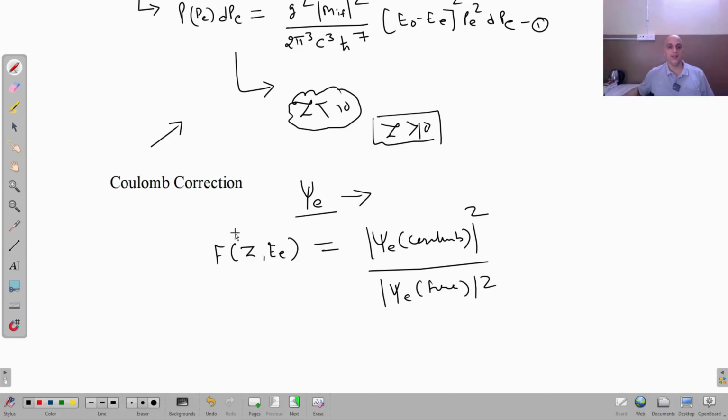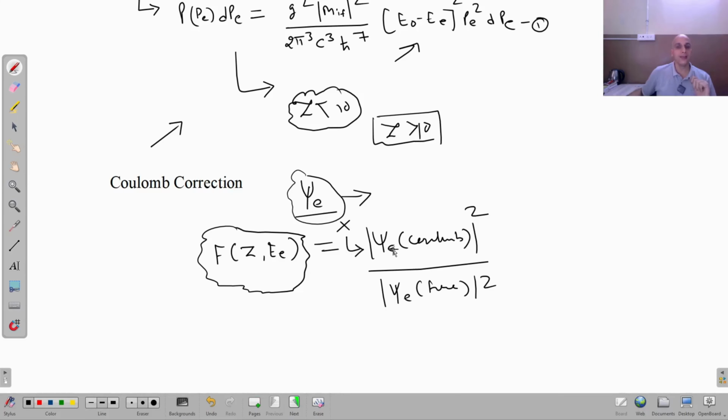This factor is known as the Coulomb correction factor. We should multiply this factor into the expression if we want to calculate the exact value of the transition probability. The wave function of the electron that earlier we took simply as psi electron will be modified by this factor.